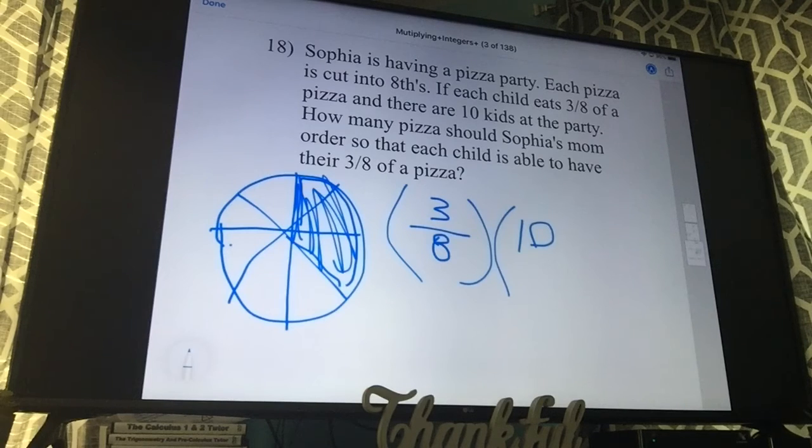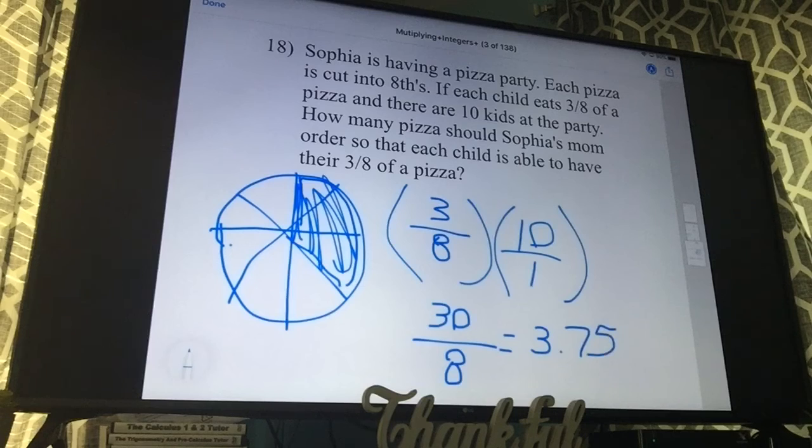Okay, and this is just like the multiplication above, so you can think of it multiple ways, and you can even write this 10 over 1. Okay, so you'd have 30 on top, 3 times 10 is 30, over 8. Okay, and you actually need to see what that is in decimal form, so 30 over 8 is 3.75. Okay, so 10 kids would eat 3.75 pizzas.